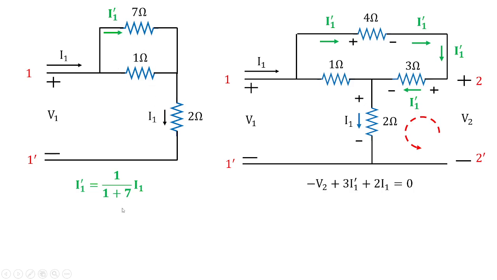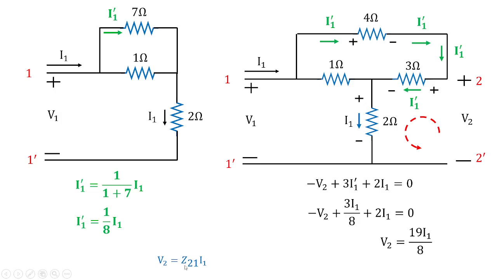Applying the current division rule, for 7, 1 is the opposite, so 1 into total current I1 divided by 1 plus 7 will give you the value of I1 dash as 1 by 8 I1. Now substitute this current in this equation. I'm going to get V2 equal to 19 I1 by 8. In fact, Z21 is obtained to be 19 by 8 ohms, and this we are treating as equation 6.